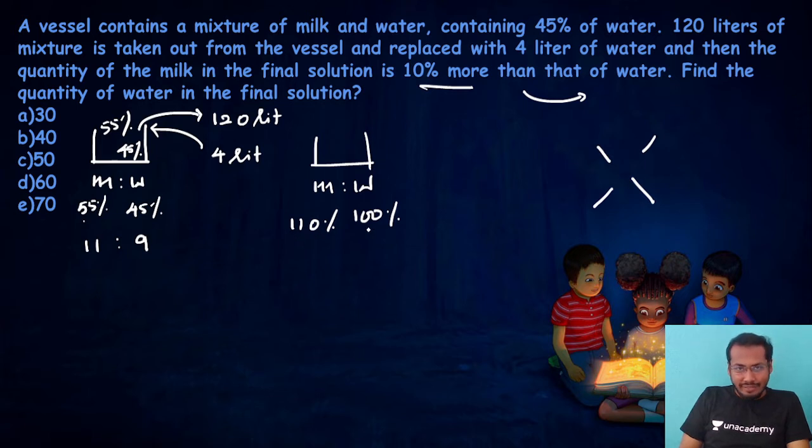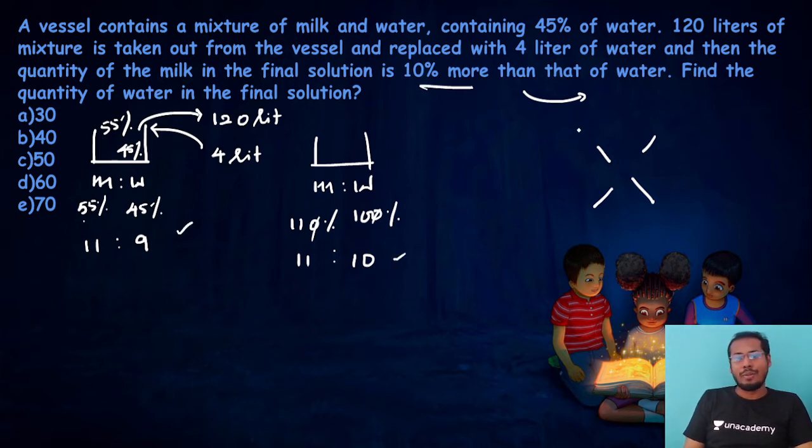In the same way, if I take the ratio for 110 and 100, first cancel the zeros. 10 two times, 5 two times. So 11 is to 10, that's it. 11 is to 10, so this is the ratio. This is the initial ratio and this is the final ratio.